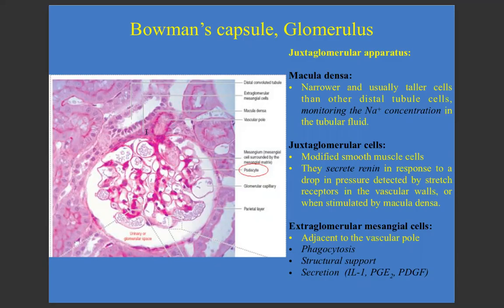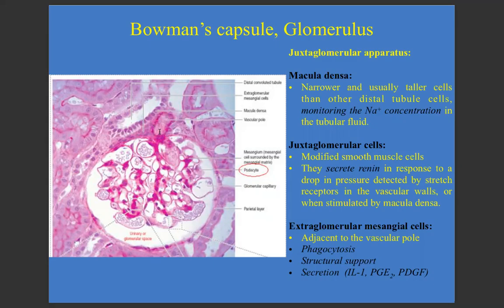These cells have many other functions. So they are able to phagocytose, they provide structural support, and they also secrete some interleukins and transcriptional factors. So you should know these terms. The juxtaglomerular apparatus consists of the macula densa, which is just the terminal part of the distal tubule, then juxtaglomerular cells.